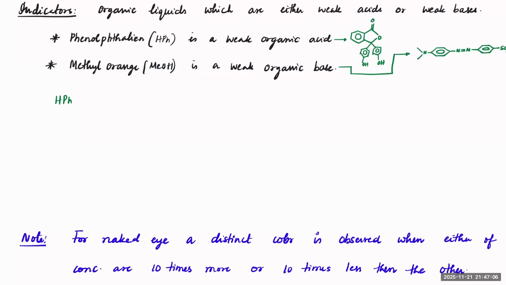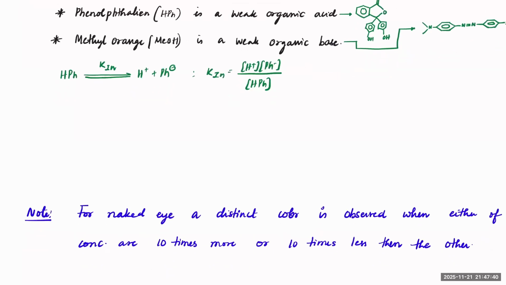So if I take HPH, what do we expect? It will ionize as H plus and Ph minus. Of course, it is a weak acid, so it will have some Ka value. Now the Ka value, I'm writing it as K in, as an indicator. So how do we write the K in here? K in will be equal to H plus concentration into Ph minus concentration divided by HPH concentration.